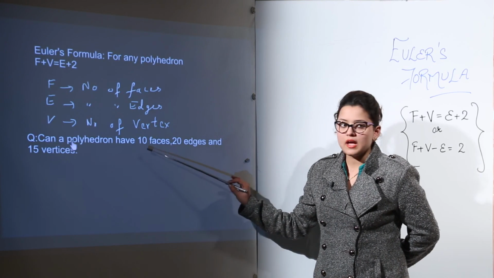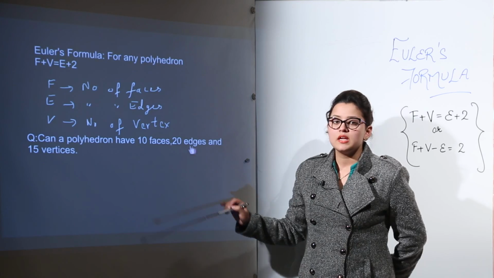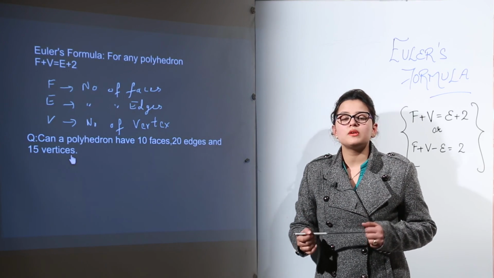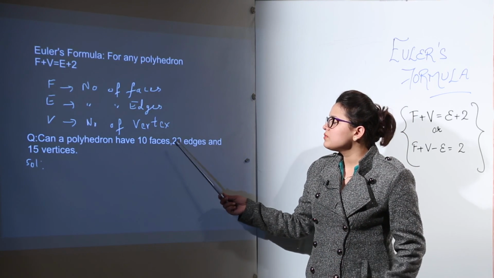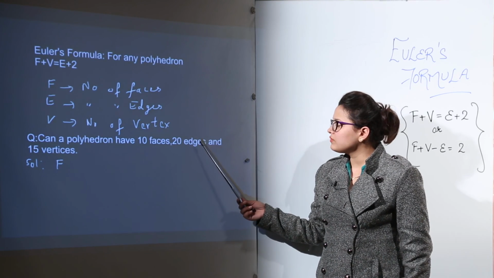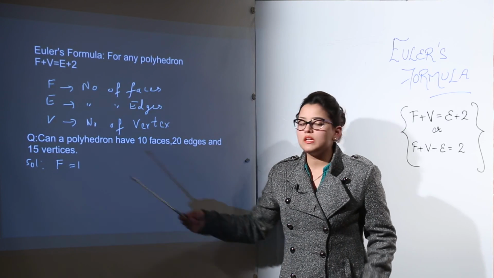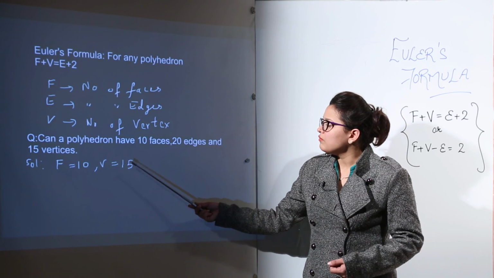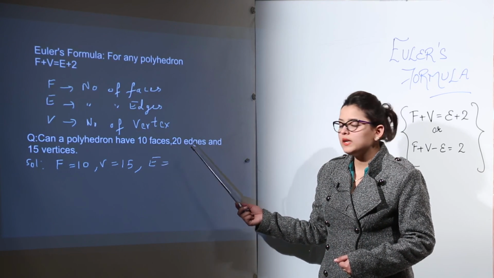Can a polyhedron have 10 faces and 20 edges and 15 vertices? As I discussed, for a polyhedron, the Euler's formula must satisfy. So what we are going to do, we are going to put the number of faces as the value of F, number of edges as value of E and number of vertices as value of V. So we get F equal to 10, V equal to 15 and E would come equal to 20.